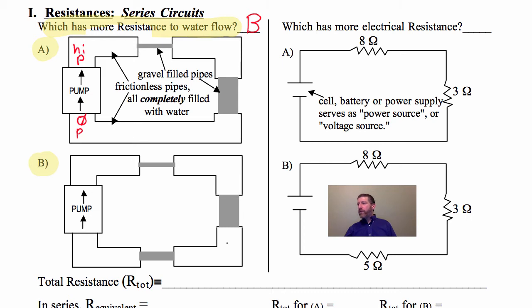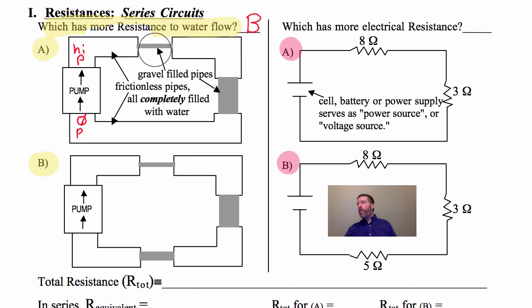Choice A right here has an 8 ohm and a 3 ohm resistor in series. Choice B has an 8 ohm, a 3 ohm, and a 5 ohm in series. The first thing you might notice here is that the width of these gravel-filled pipes does correspond to the amount of resistance.